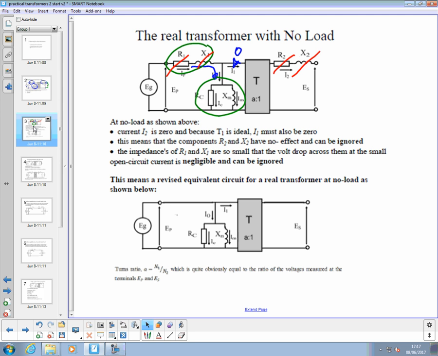And really, the reason you want to analyse that circuit is because one way of finding out on a real transformer what these component values are is to do what's called open and closed circuit tests, which is what we're going to be looking at next week. And by doing open and closed circuit tests, you can find out what the values of those two components are and the total value of these components as well.